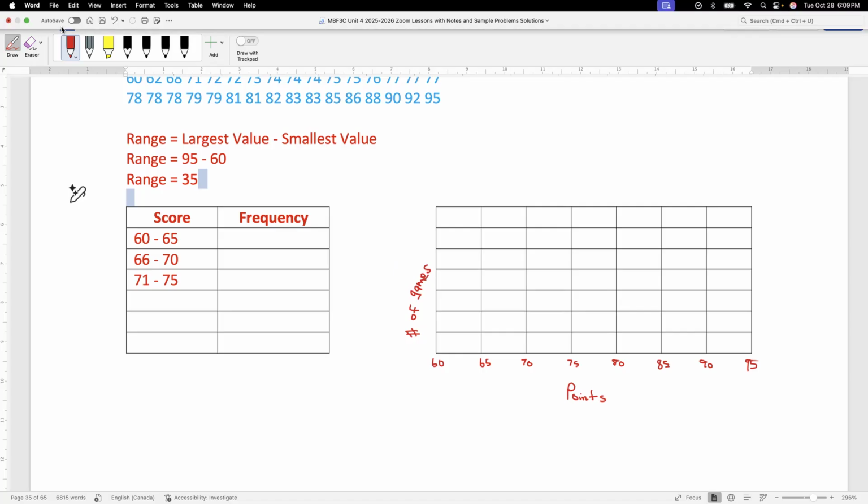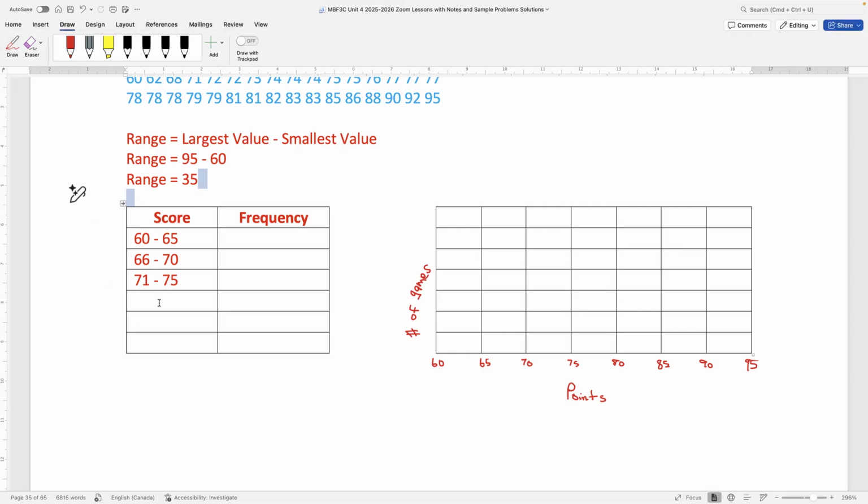So let's come back over to here. So here we have 76 to 80. Then we're going to have 81 to 85. And then we're going to have 86 to 90.